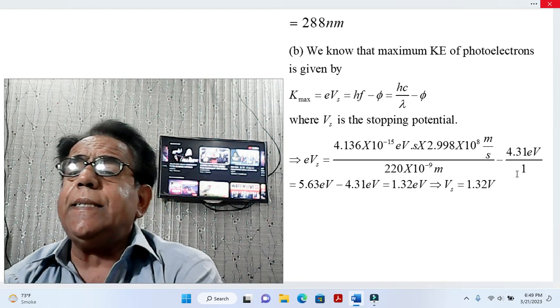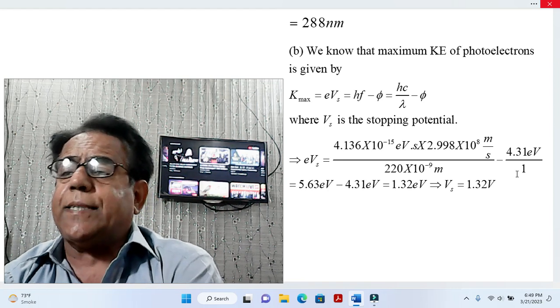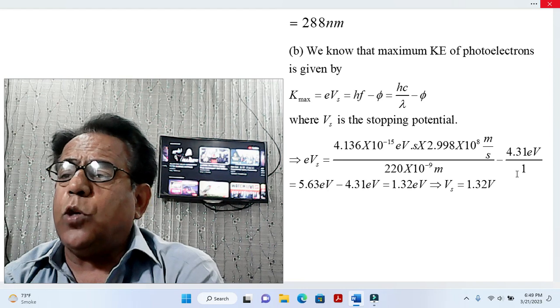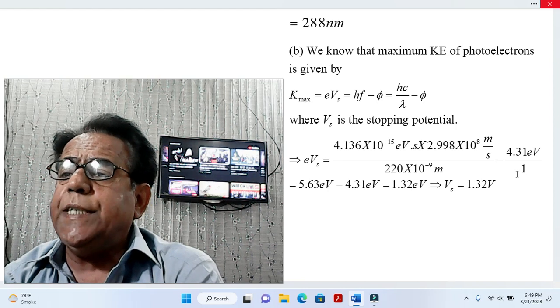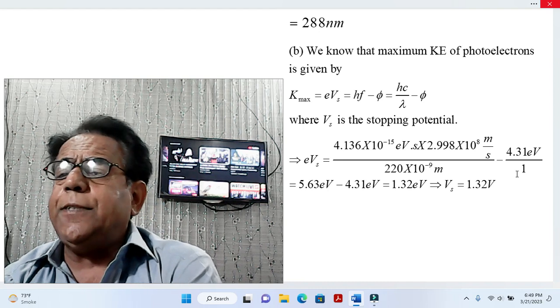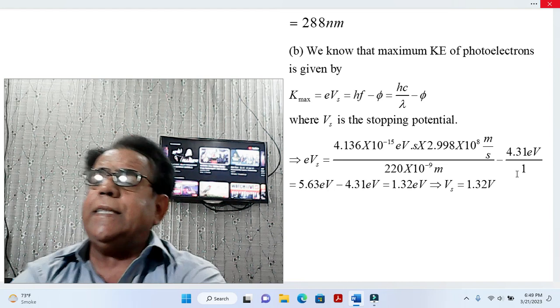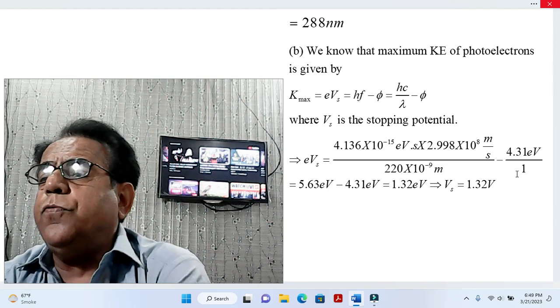What is this? This is equal to eVs. Okay, eVs is equal to 1.32 eV. When we will divide both sides by e, then e will be eliminated, and we will get Vs equal to 1.32 V.